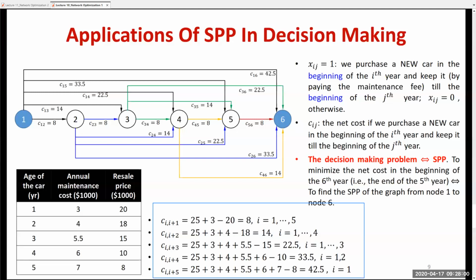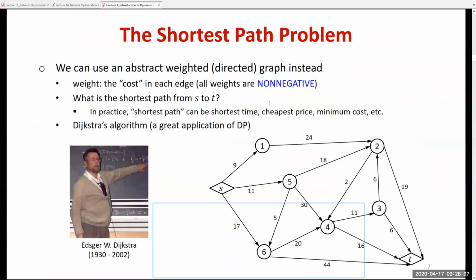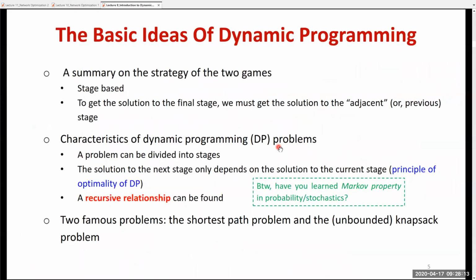Remember, I'm talking about this. Let me go to lecture 9, open the DP. Where's the DP? It's here. Okay, I'm talking about this: stage-based and the recursive formula. The solution to the next stage only depends on the solution to the current stage.